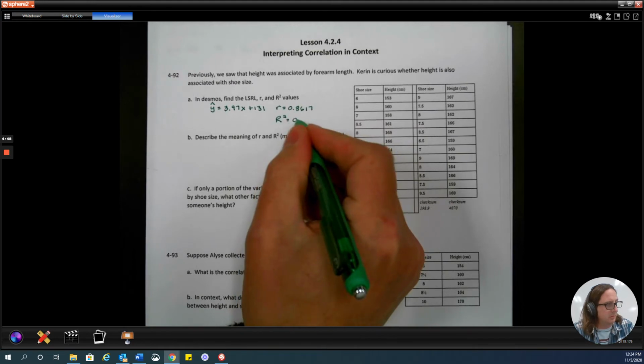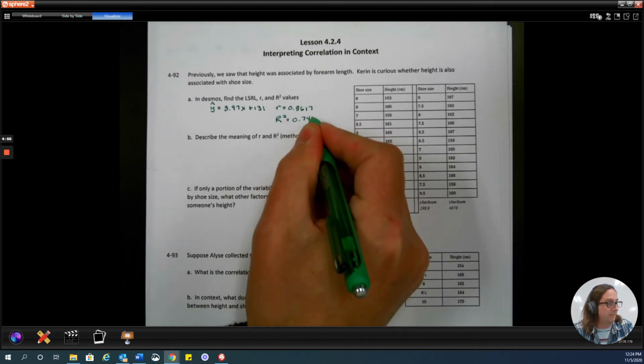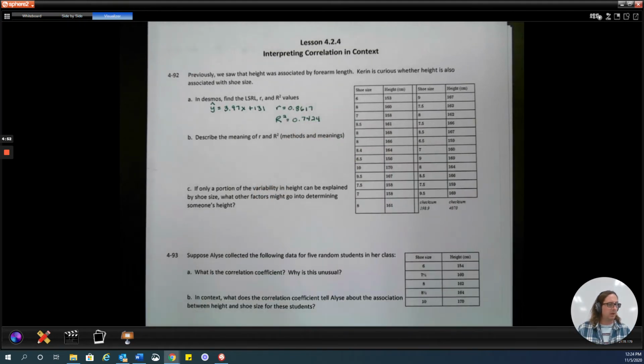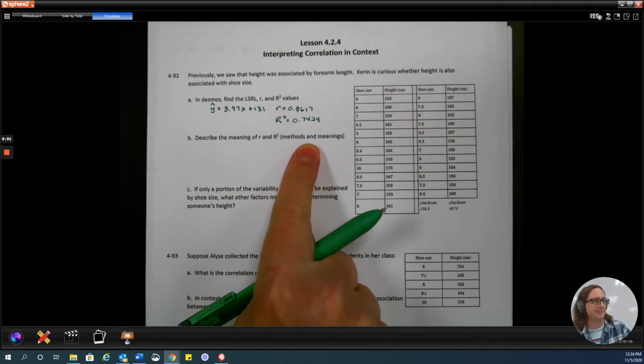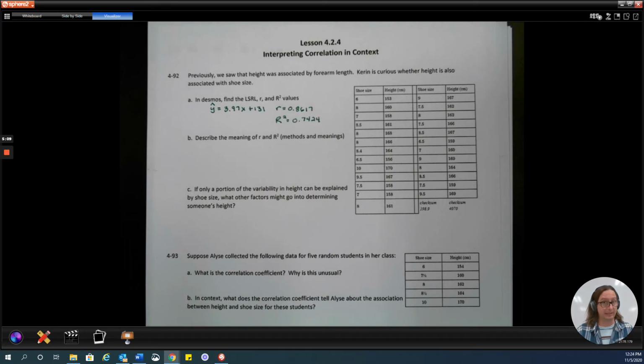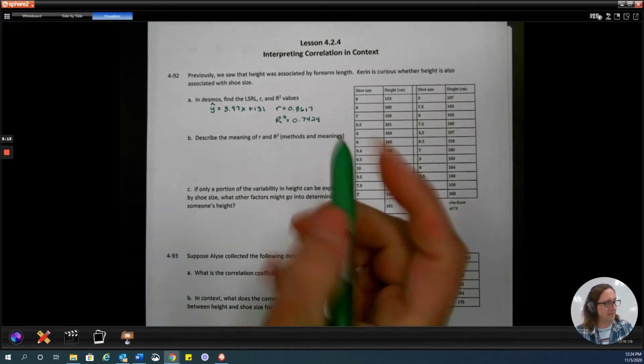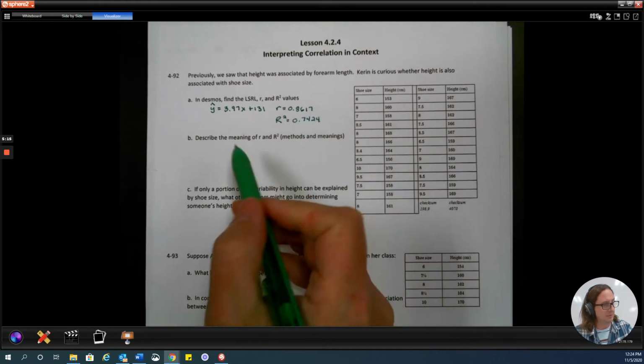All right, now we're going to describe the meaning of the R value and the R squared value. Now you can look into your book on the methods and meaning section, and it goes into a little bit more in depth of what these mean. So I would highly suggest that you go in there and look it up and read through that section. But since we don't have a lot of time, let's just decide what they mean.